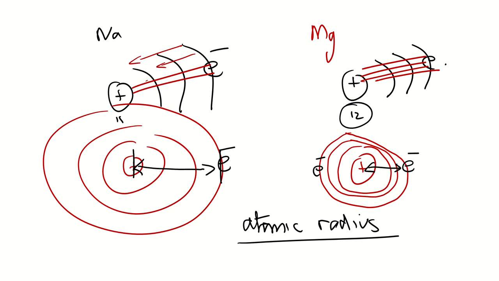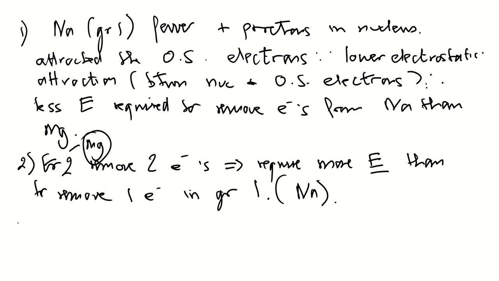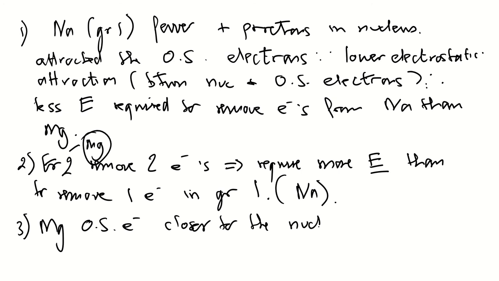So in magnesium the outer shell electron, so we write OS electron, is also closer to the nucleus. We might even write, just to really emphasize there, the positive nucleus.